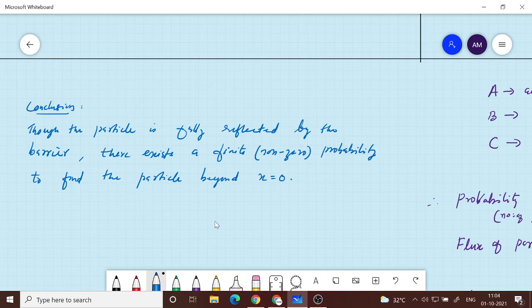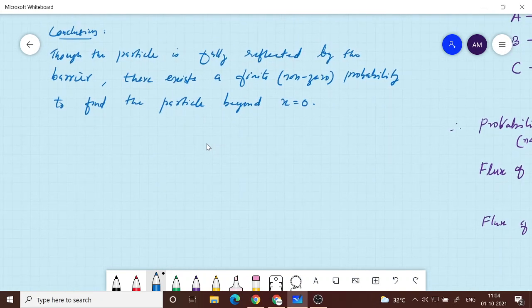Because why? In region 2, the wave function is basically some constant C into e raised to minus kappa x.